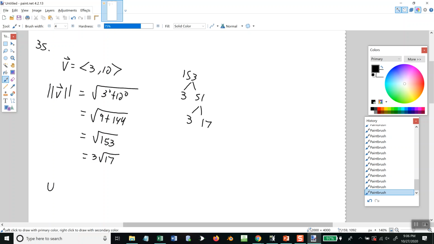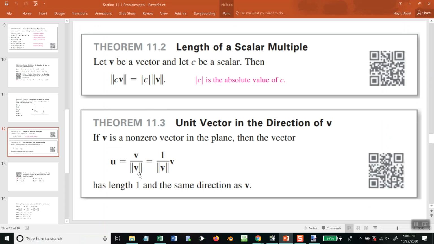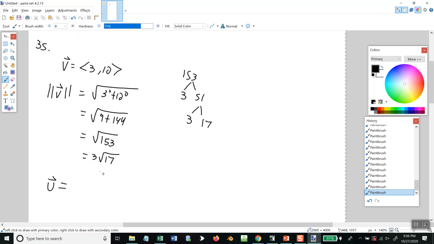So our unit vector from our formula is v over the magnitude of v. So we're going to have <3, 12> over 3 square root of 17.